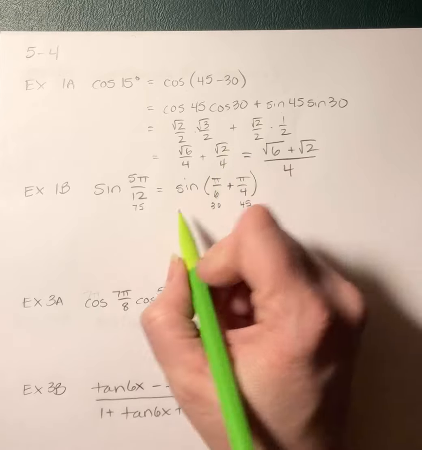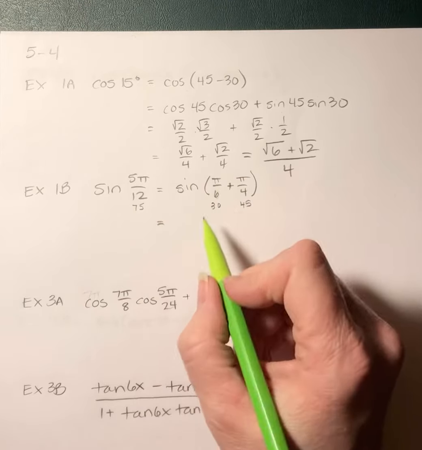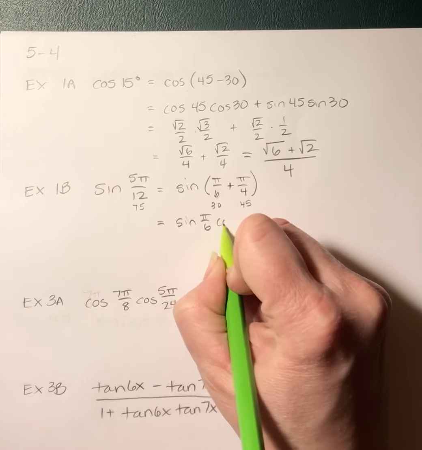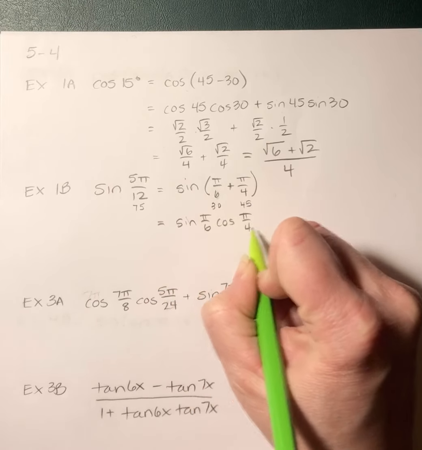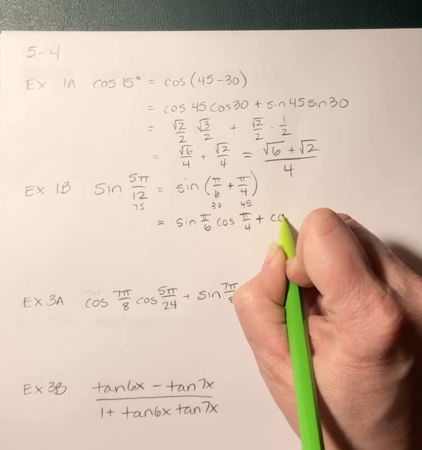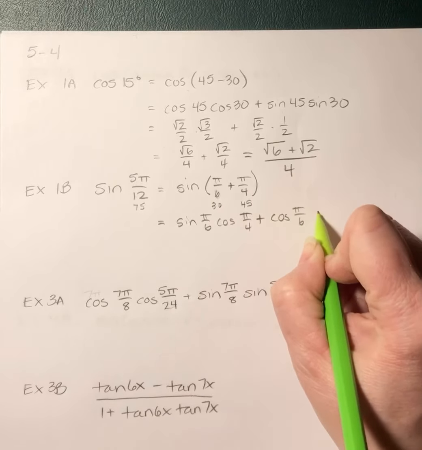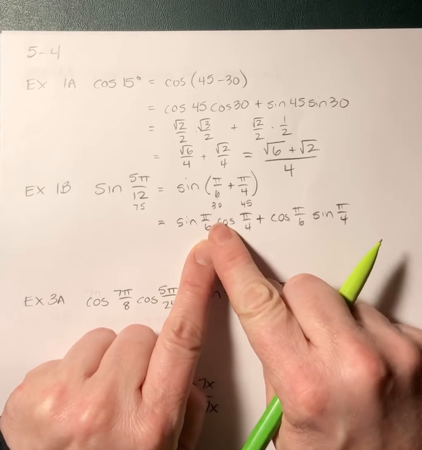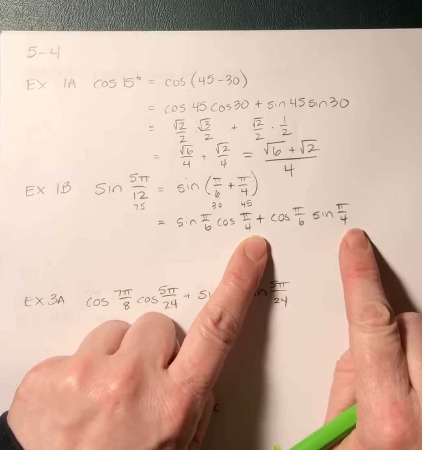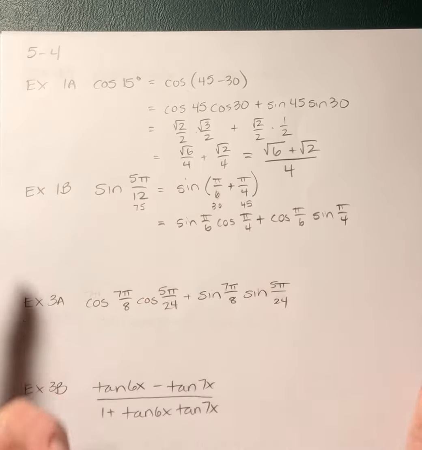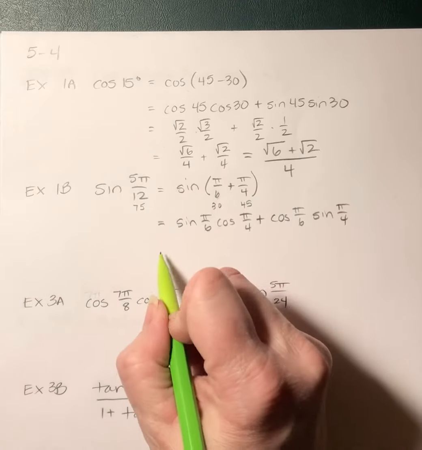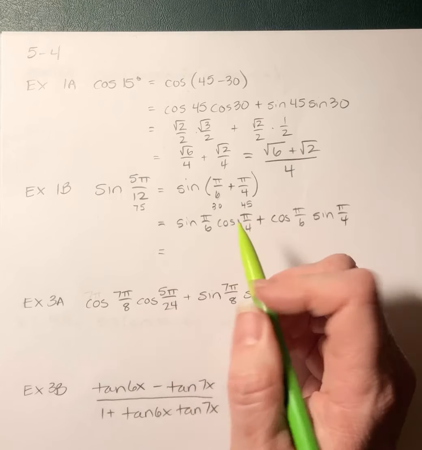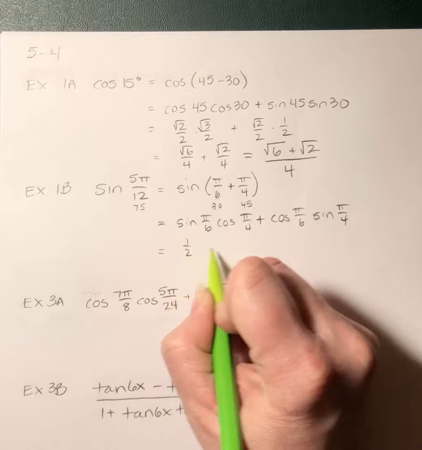So sine alternates: sine, cosine, cosine, sine. And this one stays first and this one stays second. Now, if I had flipped those, you're going to get the same thing. So sine of pi sixth, or sine of 30, is 1/2.